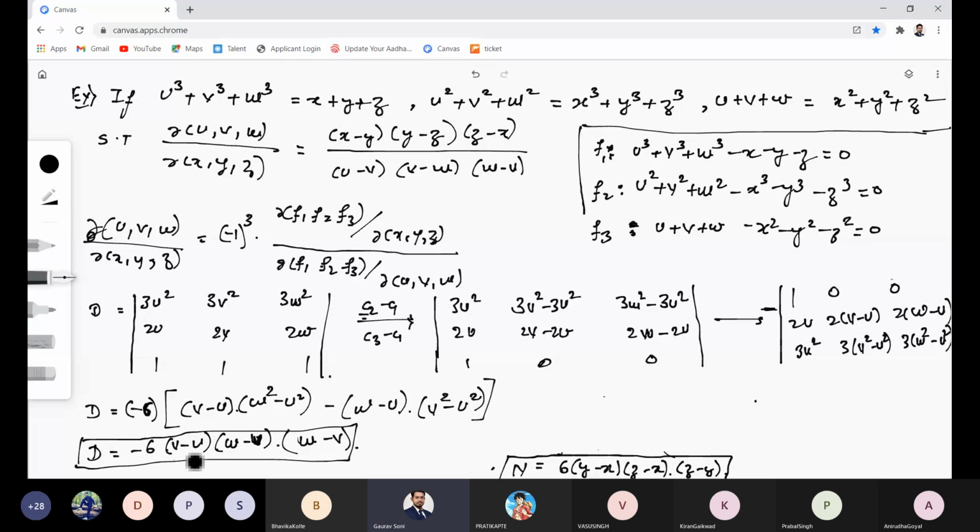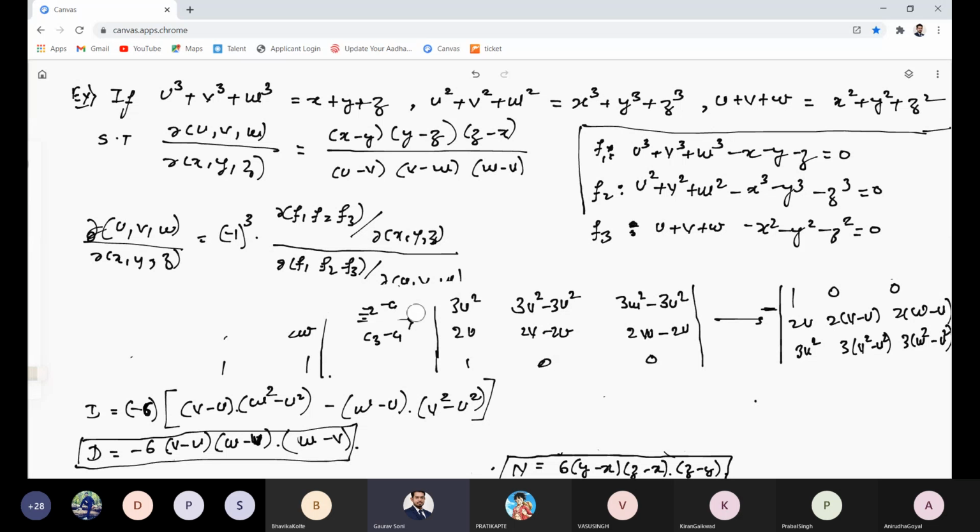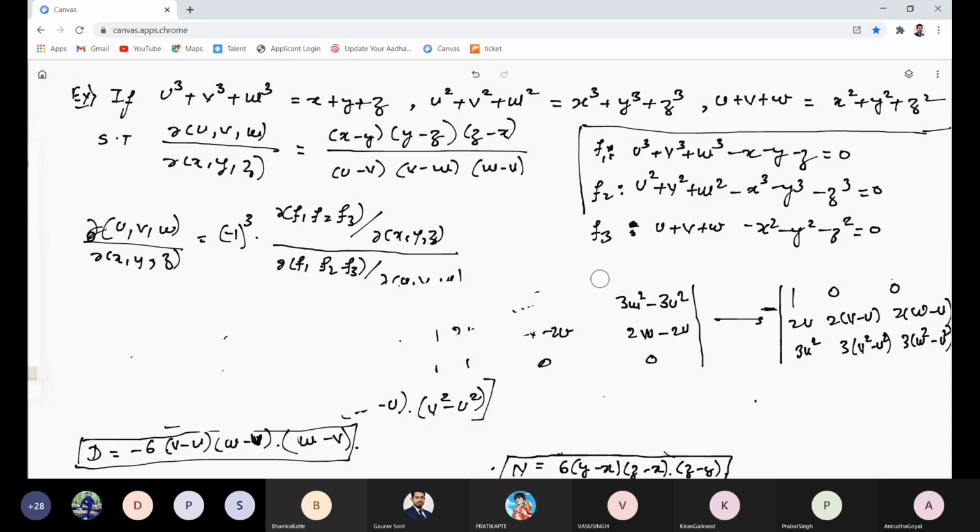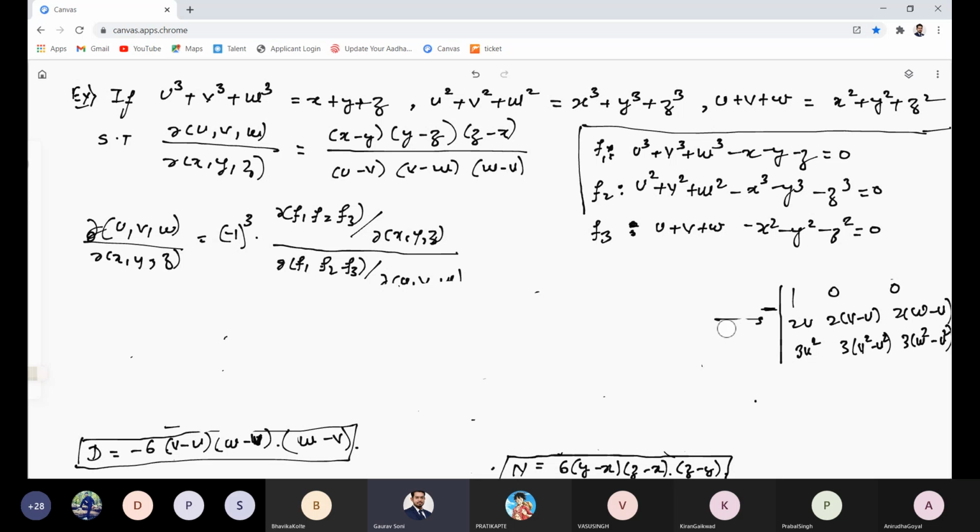Fine. So let's put these things there. This was a bit lengthy example, but still I took it because when you have to show that, you have to use the properties, or else it will be very difficult to bring these terms v minus u, u minus v, and v minus w.